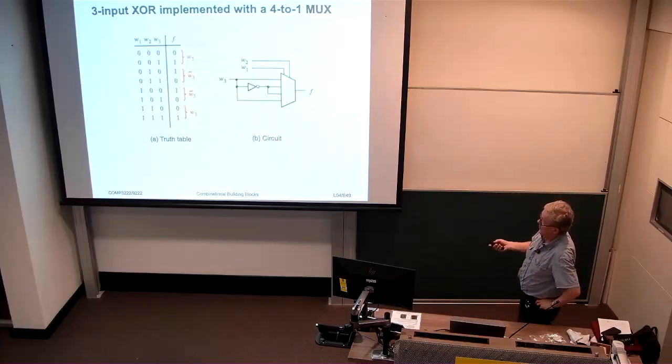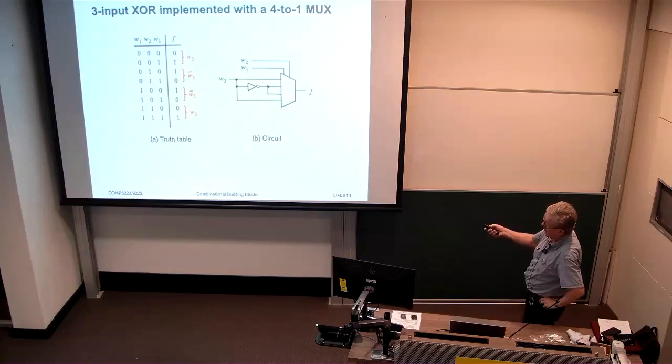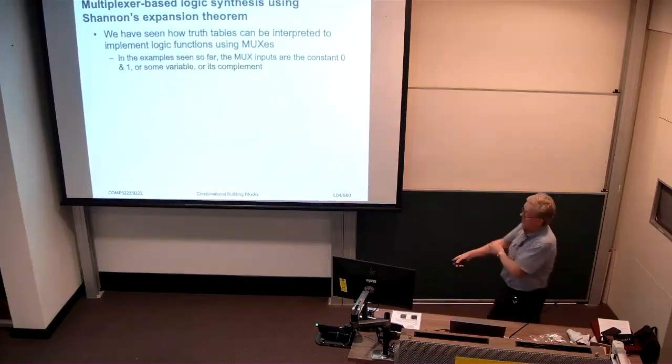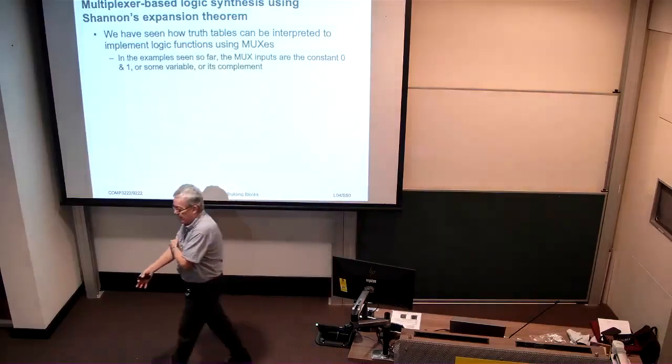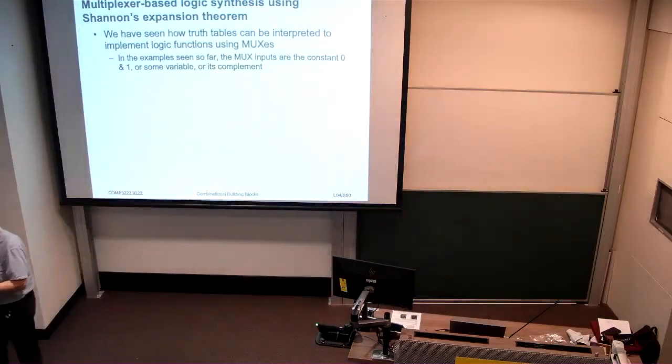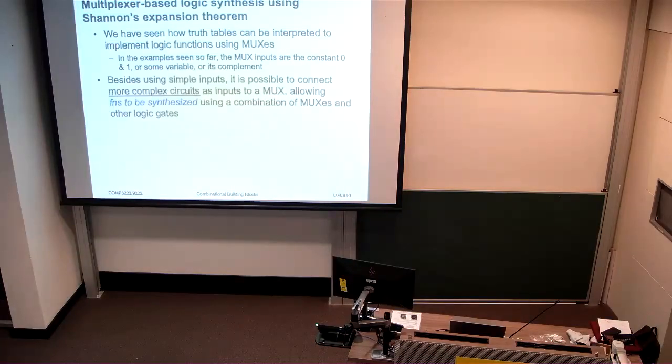The same function using a 4-to-1 mux uses 2 selectors, and then we're really literally just implementing 0, 1, or W3, or the complement of W3 here. So over a number of examples, what we can see is that we can implement arbitrary functions using zeros, ones, and some other variable or its complement to implement that function using a mux.